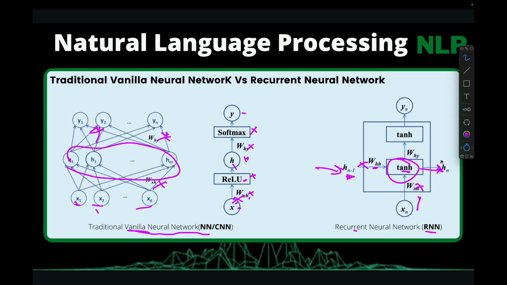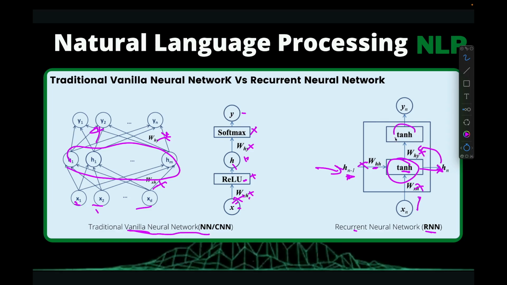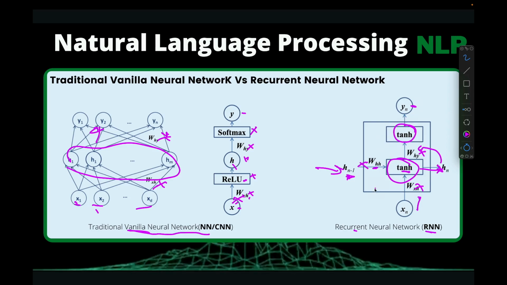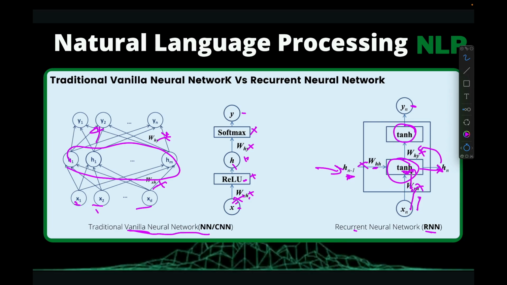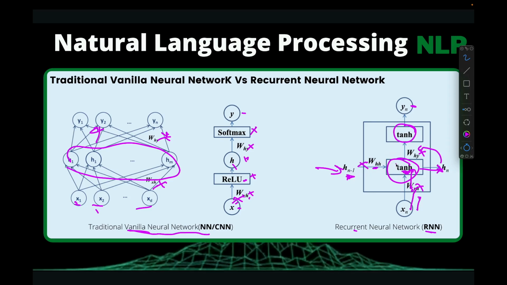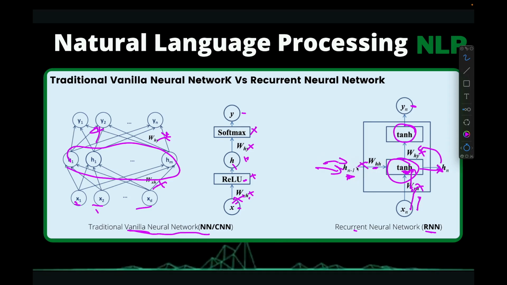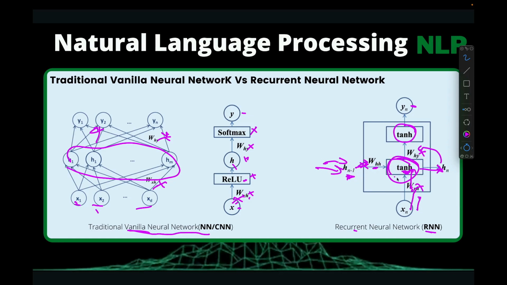Now we can multiply this one with another weight, and then apply another non-linearity on it and get to the final output. So that's basically what happens. You have your input, you multiply it with some weight, and you apply some non-linearity. And not just that, you also need to take into consideration the hidden state of the previous layer and multiply it with some weight, and then both of them come together.